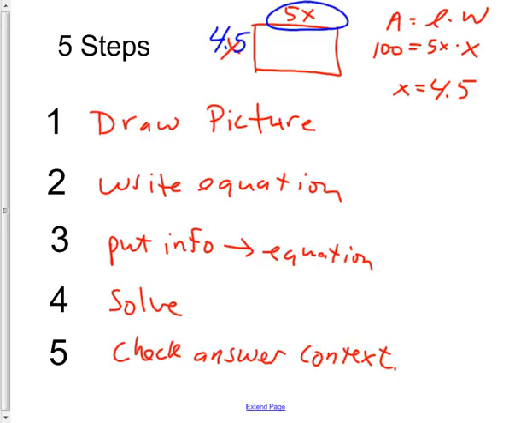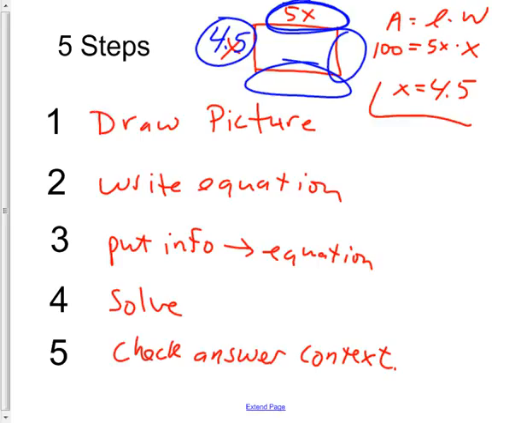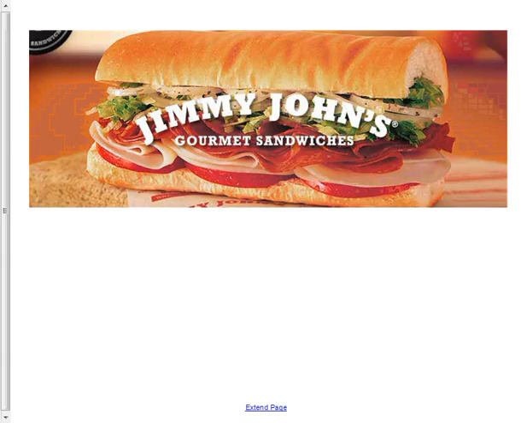And what would the perimeter be? This plus this side plus this side. That's how you do a perimeter. And if you don't check the context, you might end up giving an answer that's the side when they didn't want the side. They wanted all the sides added up. Get what I'm saying? So when you get an answer, make sure that it makes sense in the context of the question.